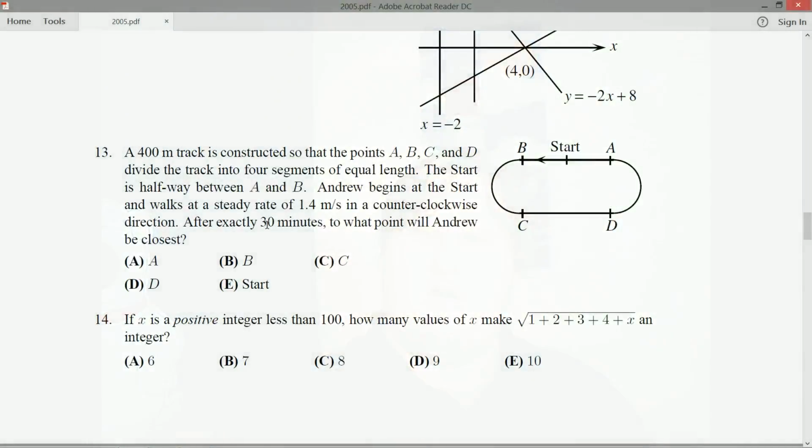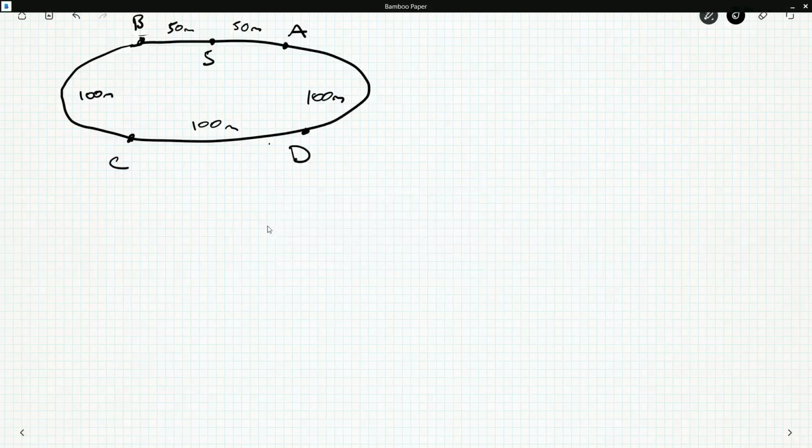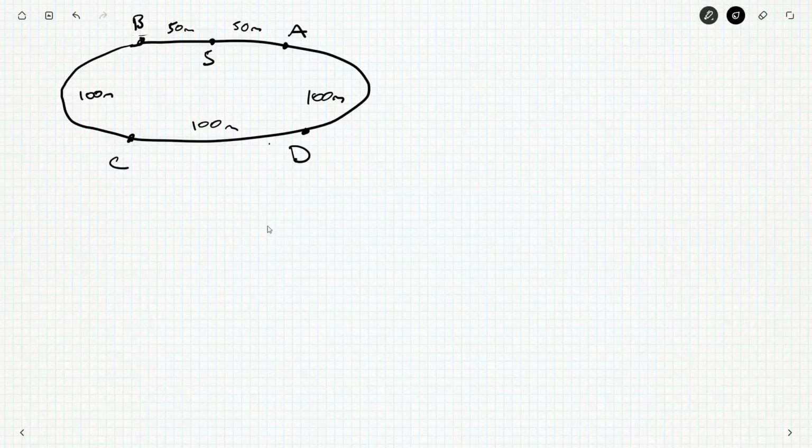Distance is speed times time. We're going to have to be a little careful with the units because they say the time is 30 minutes. So he walks 30 minutes times 1.4 meters per second. First thing I've got to do is convert the 30 minutes into something with seconds.